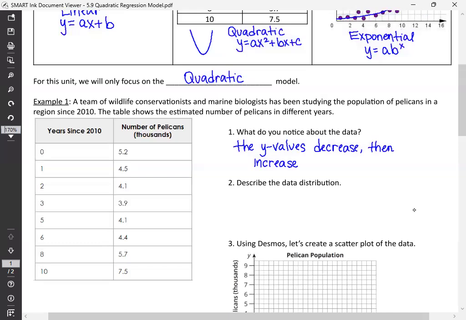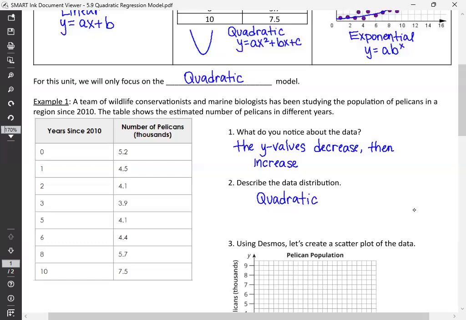That just means the shape. So if we go to Desmos, which we're going to do in just a few minutes, but just from our activating strategy, when the y values decrease and increase, it's going to follow our quadratic model. So this tells us what we're going to do in Desmos in just a moment.